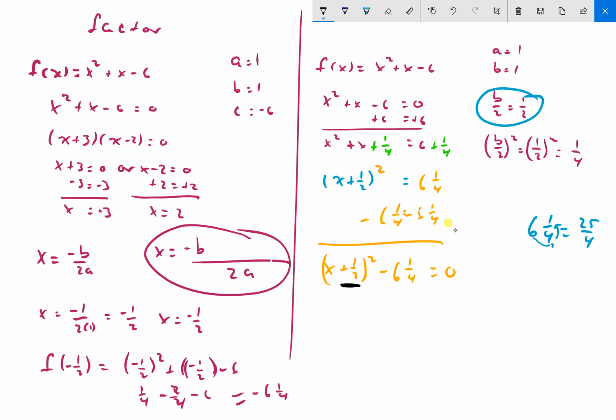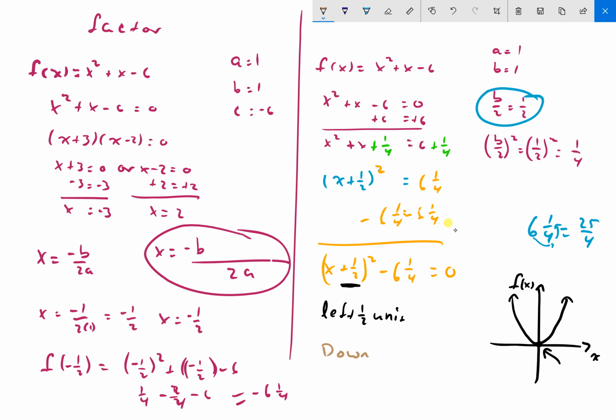This tells me that my parent function, which is a parabola, this point here, my vertex, should go left 1/2 unit, and down 6 1/4 units.